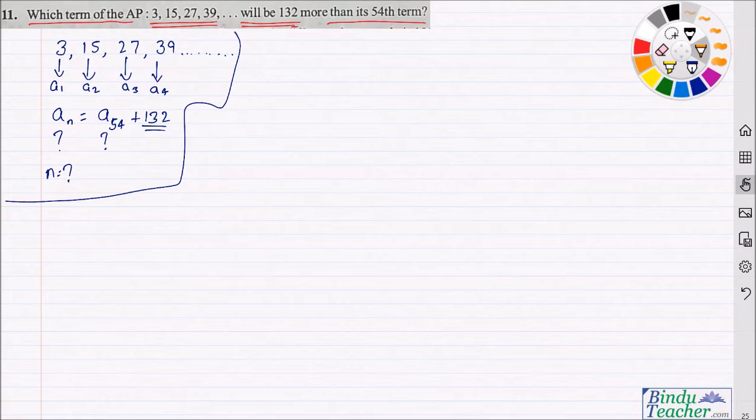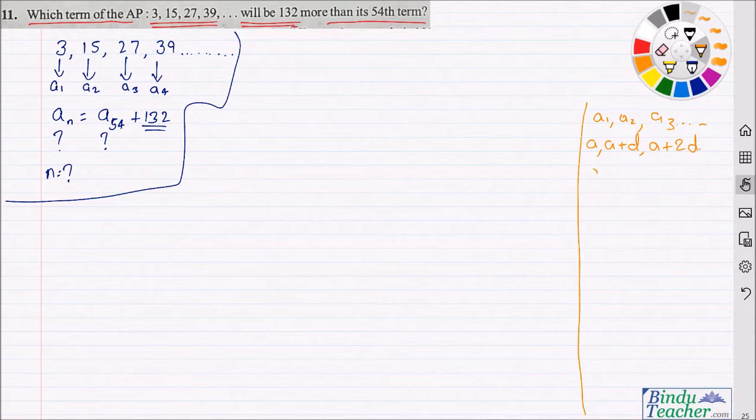Before we can solve this, we will first write down the equations we have for an arithmetic progression. A set of numbers a1, a2, a3 and so on are said to be in arithmetic progression if they are of the form a, a plus d, a plus 2d and so on, where d is the common difference, and d can be calculated as a of n plus 1 minus a of n.